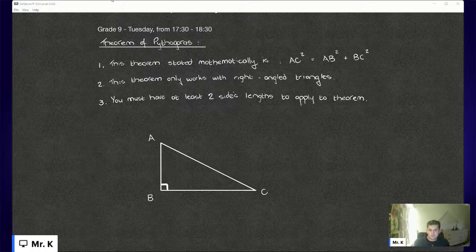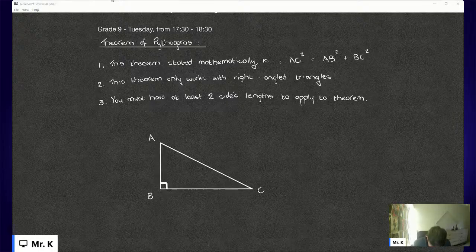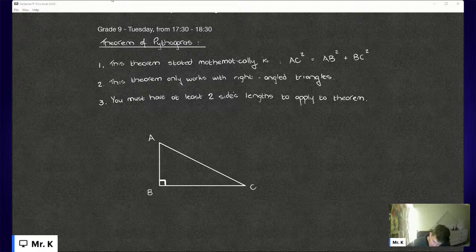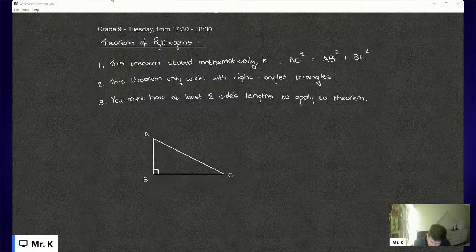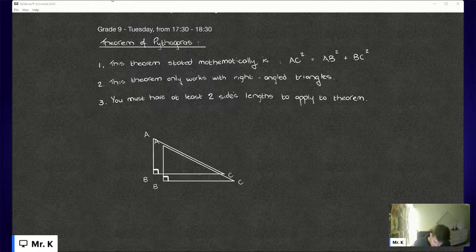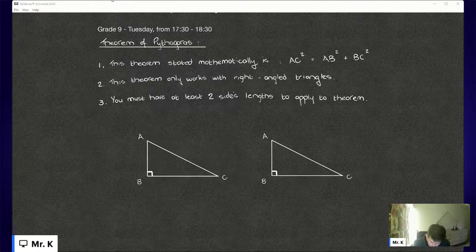What I need you to be clearly aware of is two things. We have got three sides and three angles. Now, the three sides of a triangle may go by different names. So what I'm going to quickly do is take this triangle and make a second copy. Why would I want to do that?